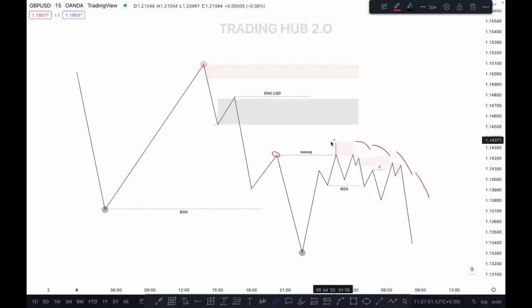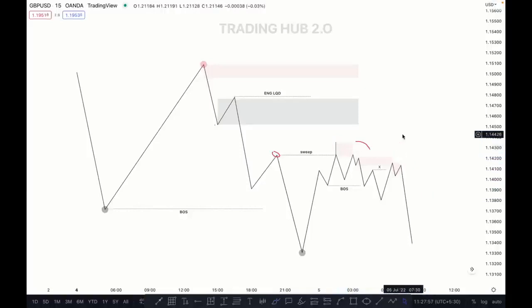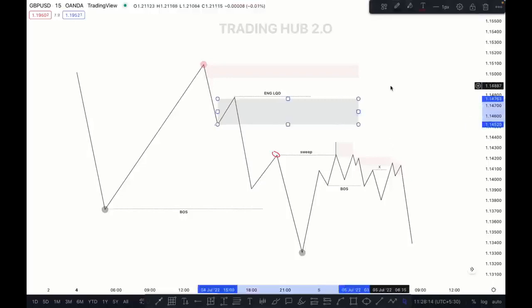So when the market takes out this high and closes below it, you have to apply entry type 3. If the market closes above this swing high, then you have to apply entry type 2. If the market mitigates any zone, then you have to apply entry type 1.